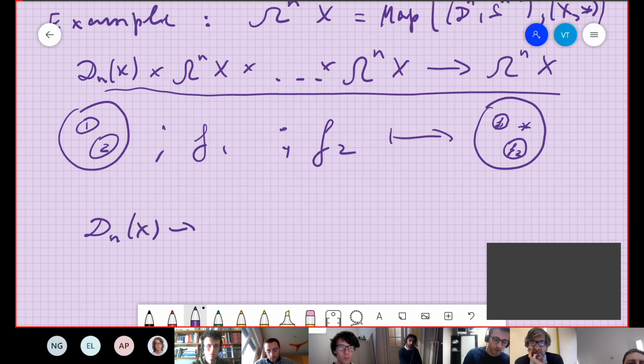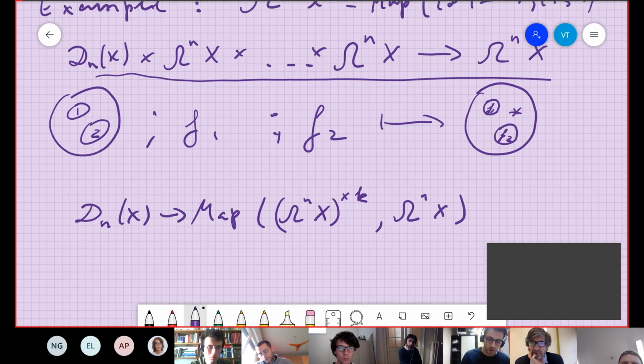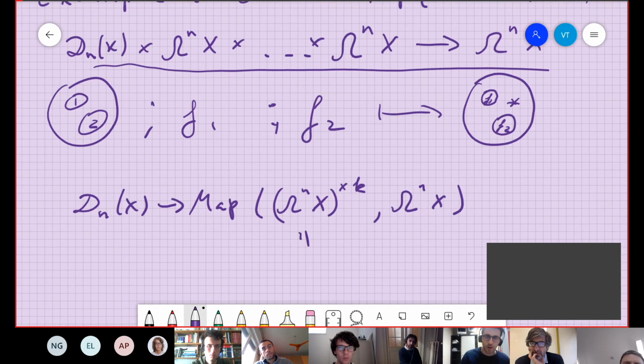Okay, so that's how this action map is organized, and by adjunction this gives us a continuous map from Dn of k to continuous maps from omega n of x to the k to omega n of x. And this is exactly the k-th component of the endomorphism operad of the space omega n of x.